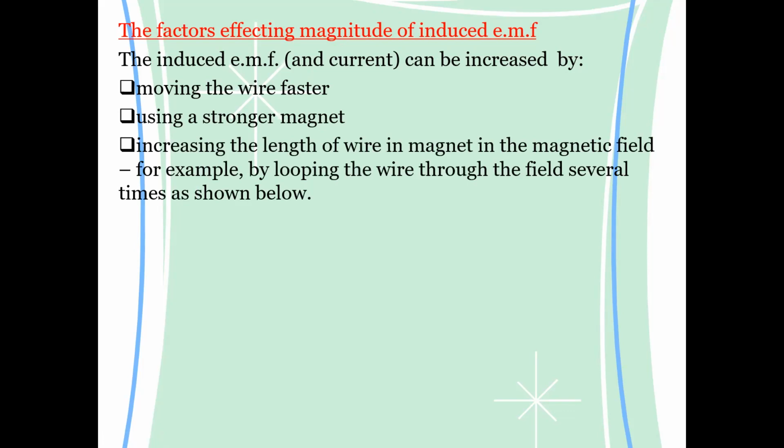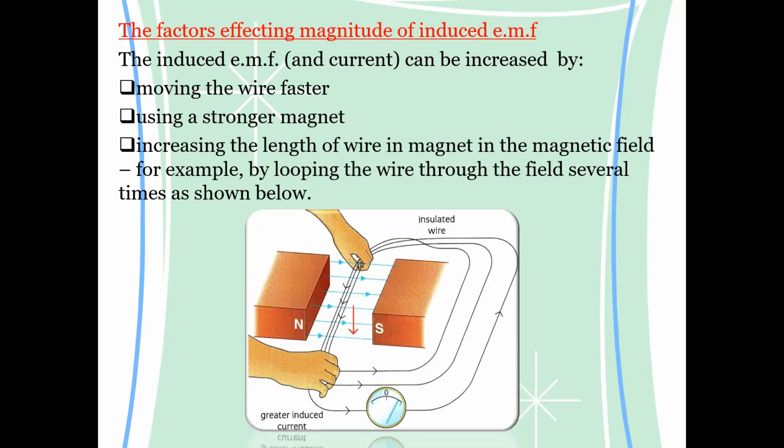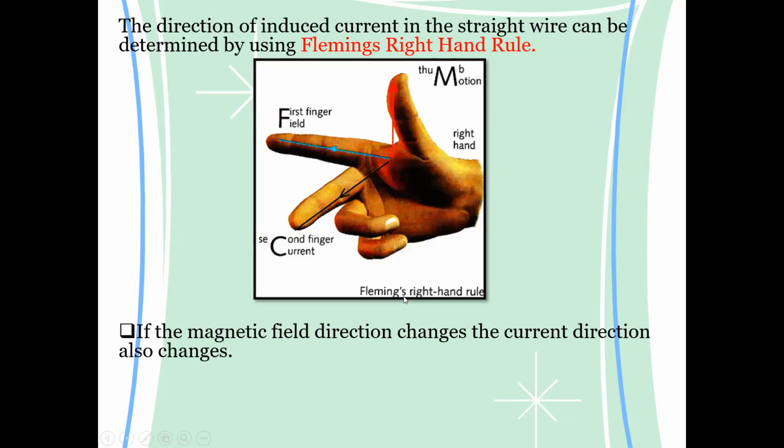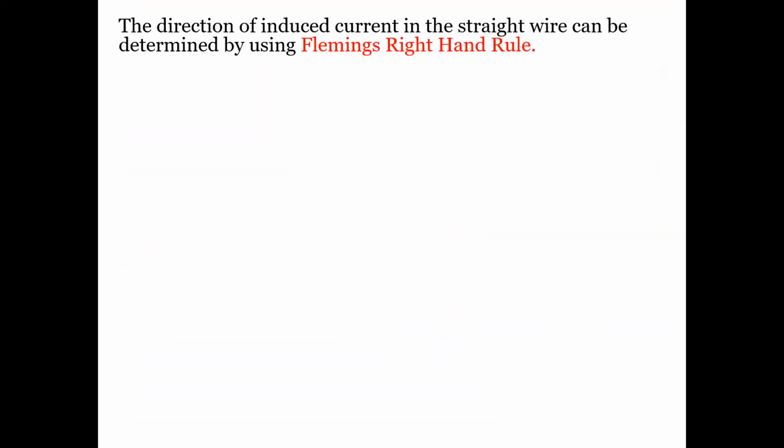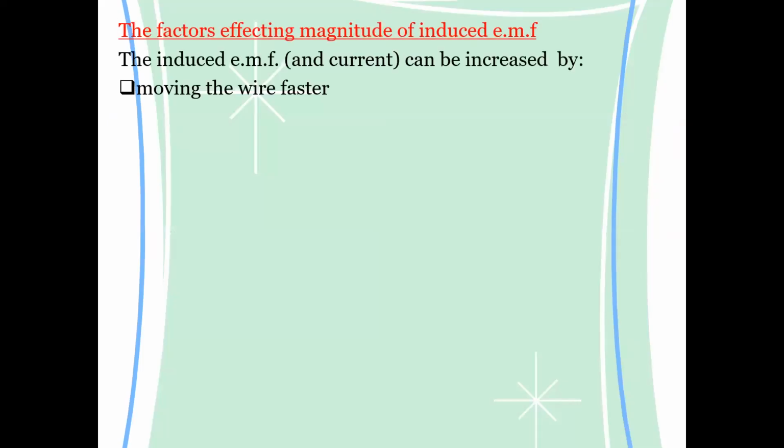And the third thing, if we use more wires, a greater number of wires, it will also induce greater EMF. Like in this example, we are using 3 loops of wire, but in the previous example we were only using 1 loop. So 1 loop will not produce too much current, but if 3 loops are there, the total current will be much higher.